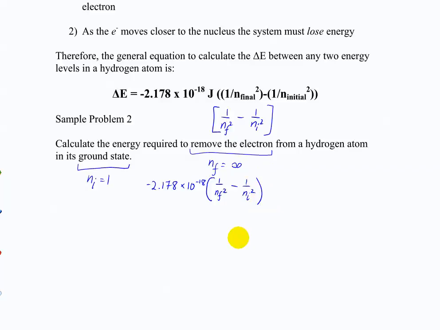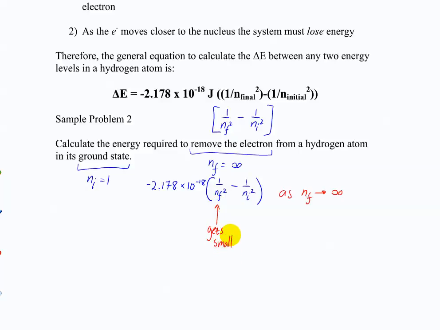So what happens to this equation as NF goes to infinity? What becomes 0? No, NF becomes infinity. What happens to the equation? It gets smaller and smaller and smaller. Yeah, so as NF gets large, this gets small because it's on the bottom.